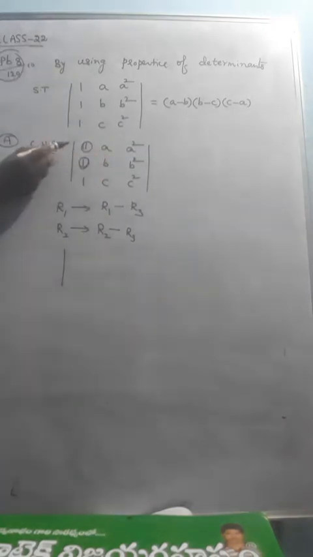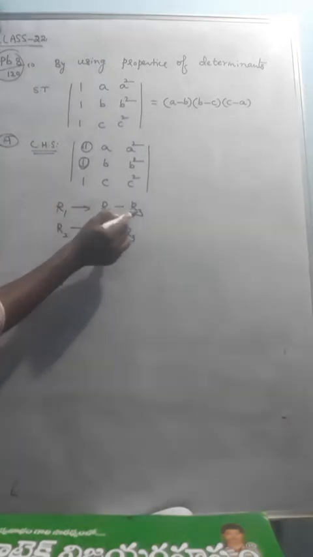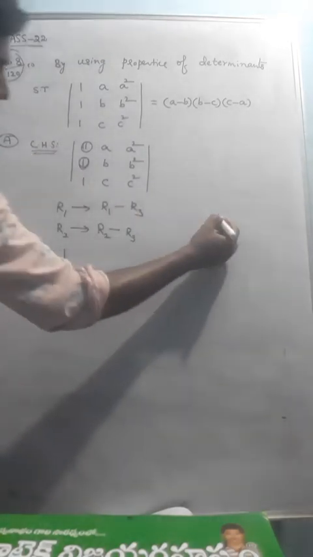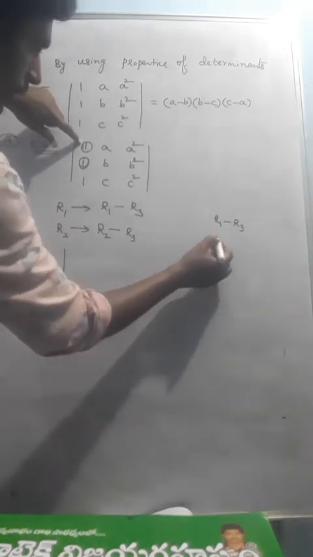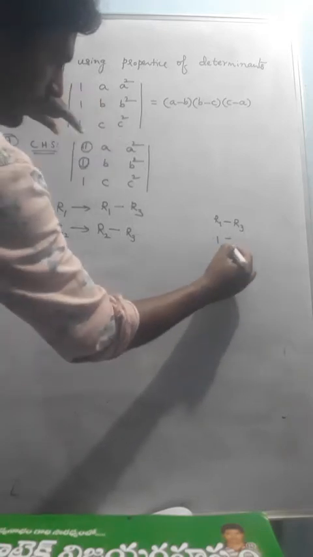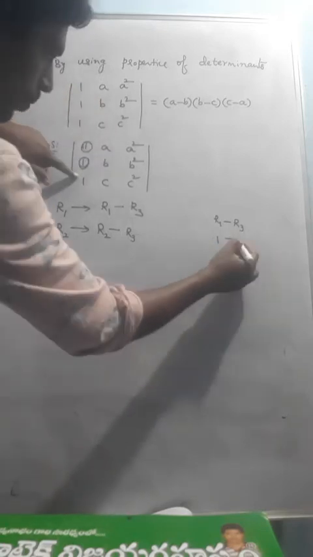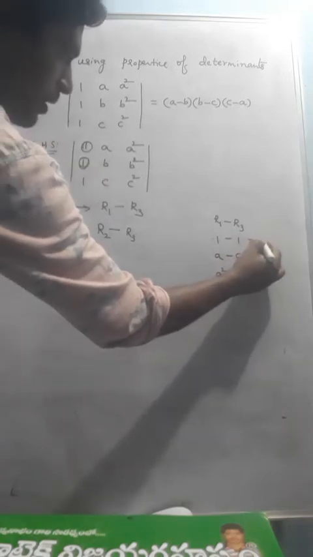R1. So in the R1 row you will change R1 minus R3. What are the R1 values? 1, A square, minus the R3 values 1, C square. 1 minus 1 is 0.